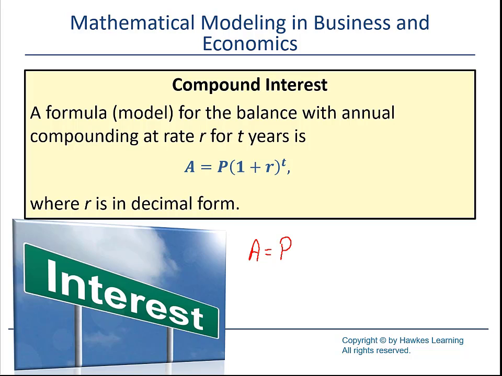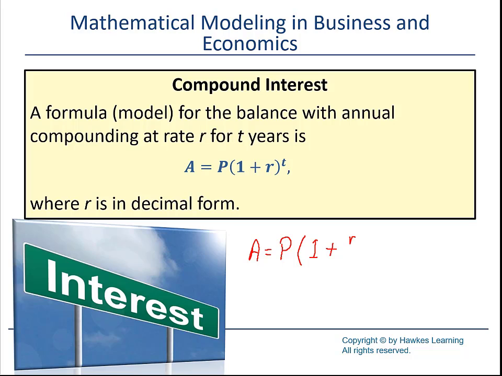Now this A represents how much you have at the end of a certain time. P represents how much you invest. This is just the number 1, nothing else, plus, so far it looks like it's the same.